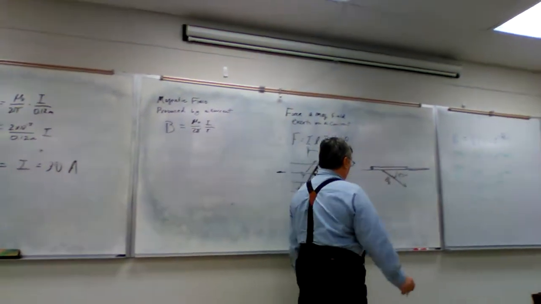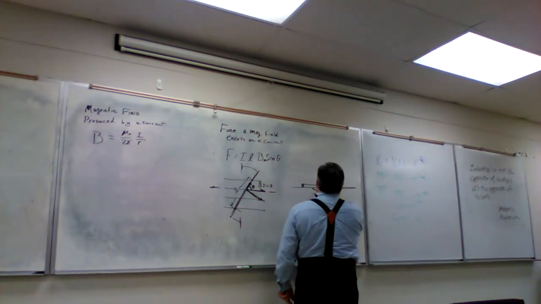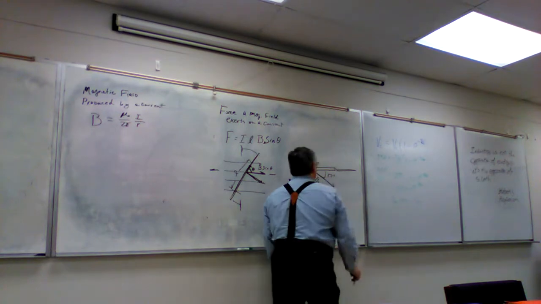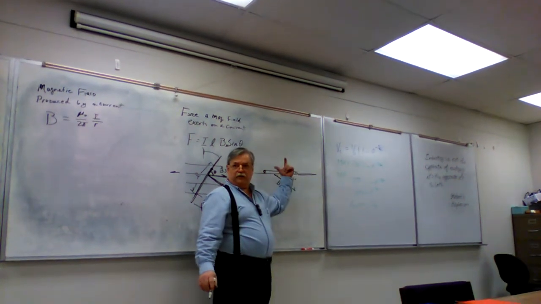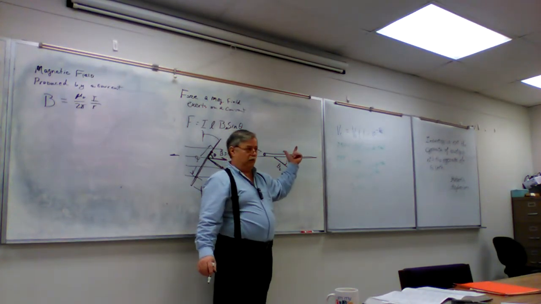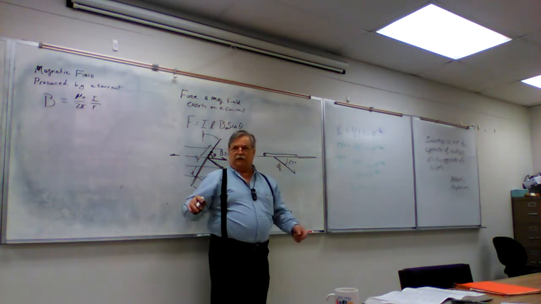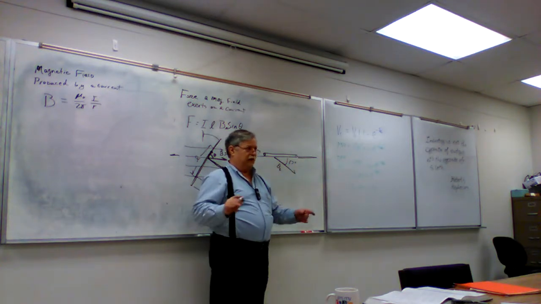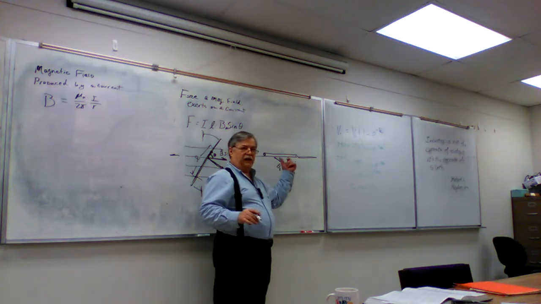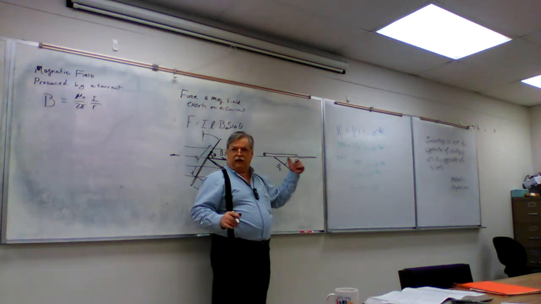And they ask for the torque that this field would produce on the current flowing through that coil of wires. We're not going to worry about the equation of the coil of wires and how to find the magnitude of the torque, but just to analyze the angle that you have to work with here.